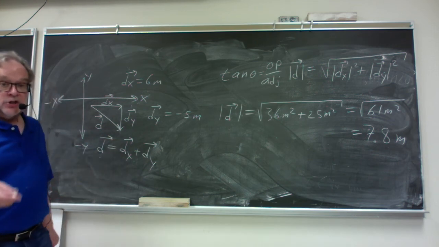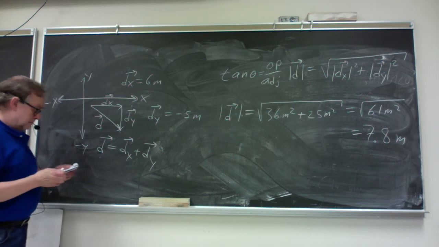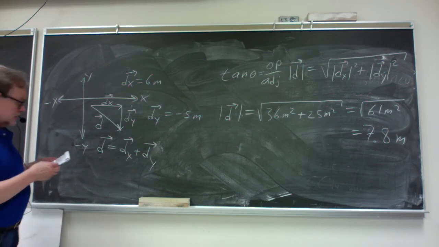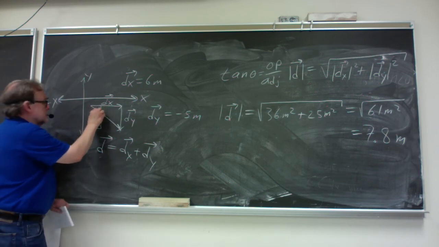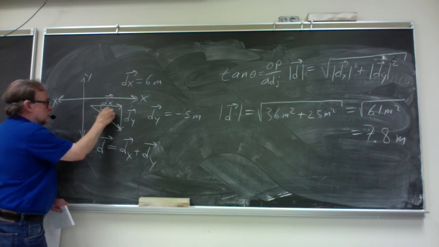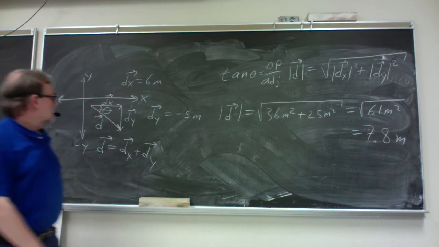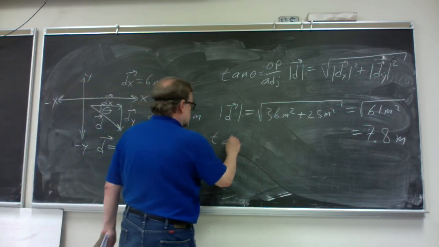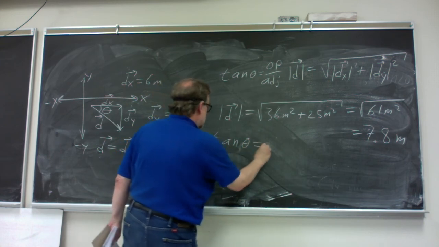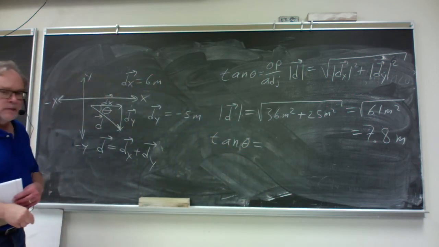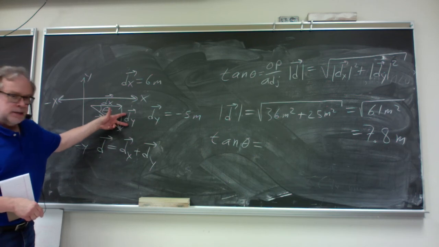And now for the direction angle, let's say that this is our direction angle, and so the tangent of that angle is just the length of the opposite side.